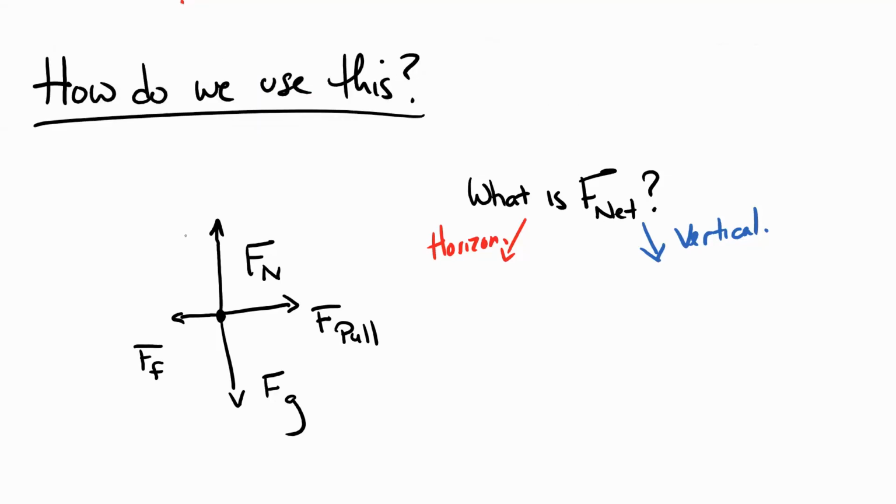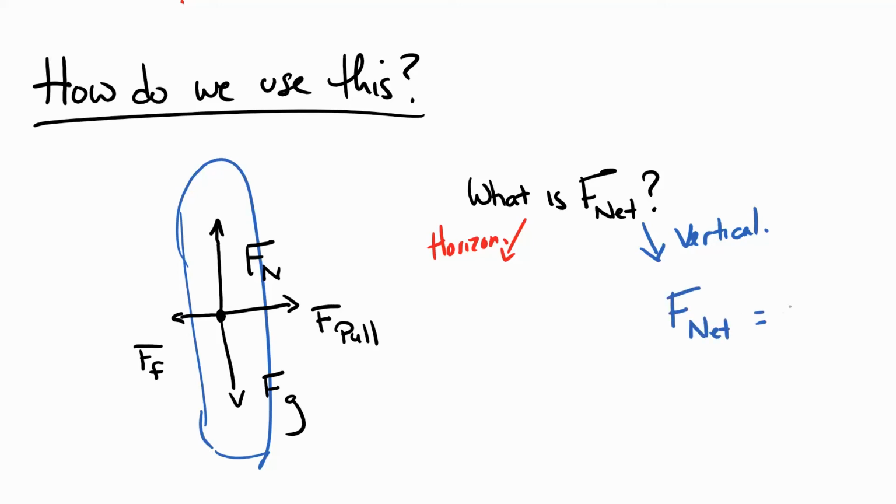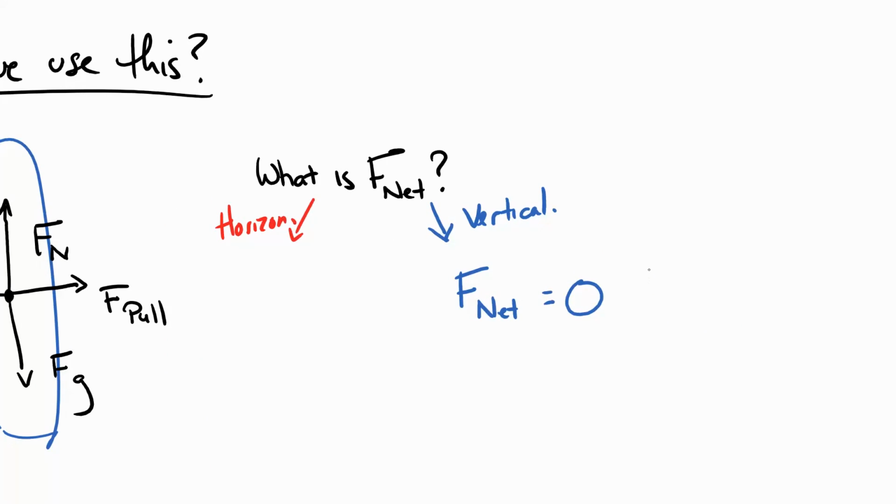If I have an object just hanging out on a surface being pulled along, I can look at that and say, in the vertical direction, it is not accelerating. If it is not accelerating, that means F net is equal to 0. And this is true by Newton's second law, which I'm going to tend to abbreviate N2L, because I like to abbreviate things.